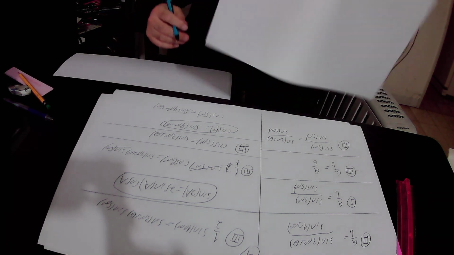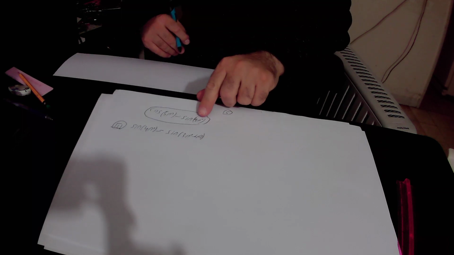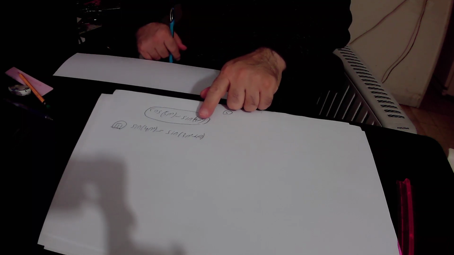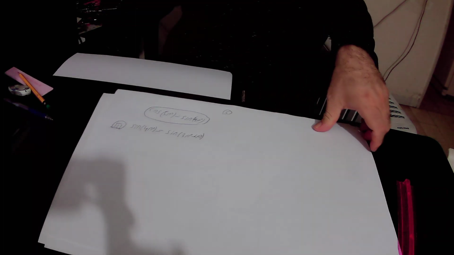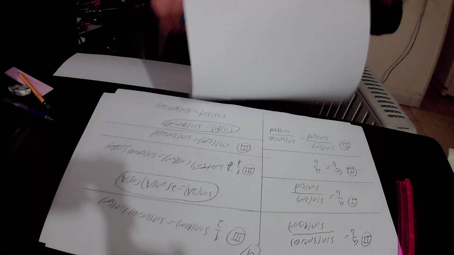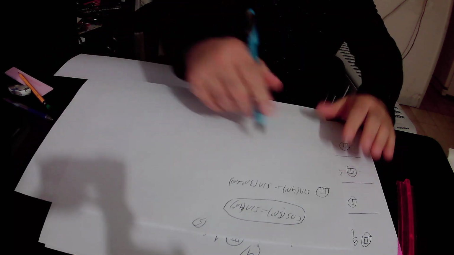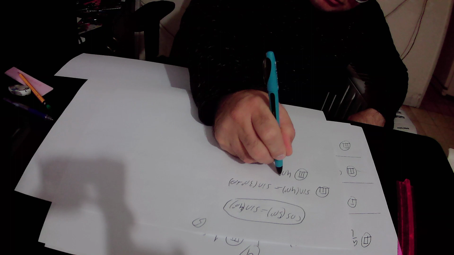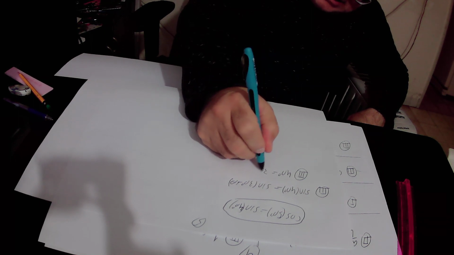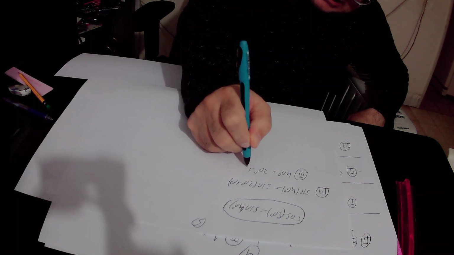So we got that, according to equation number 3, sine 40 degrees equals sine 30 degrees plus theta. From this equation we will derive that 40 degrees equals 30 degrees plus theta.